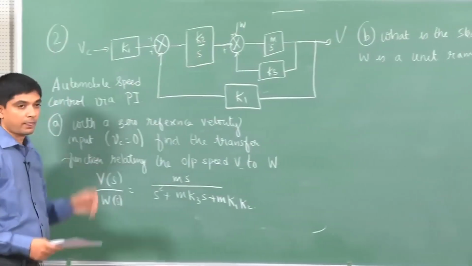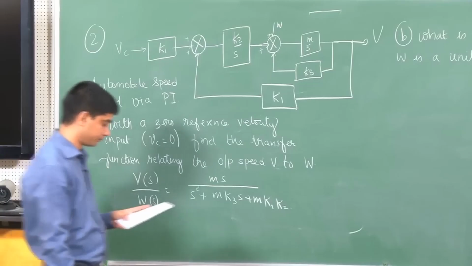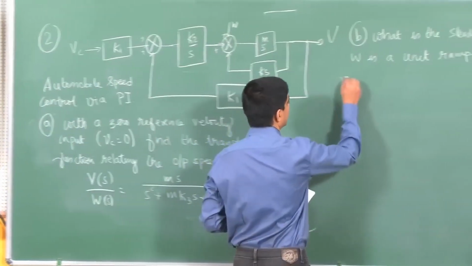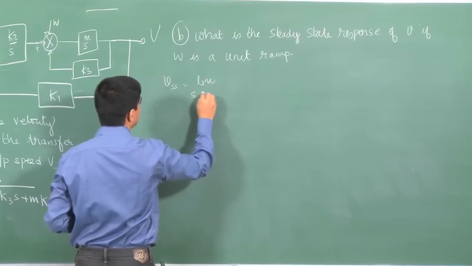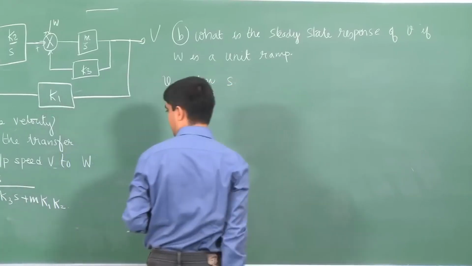Again, still keeping Vc equal to 0. So, well, typical formula: Vss is the limit as s goes to 0 of s times V of s.